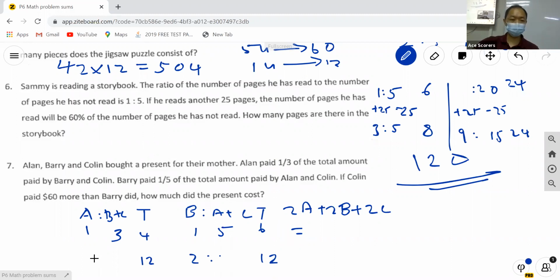And here times 3, 3 is to 9. Both sides make 12. So what is 2A plus 2B plus 2C? If I add them together, I get a total of 24.